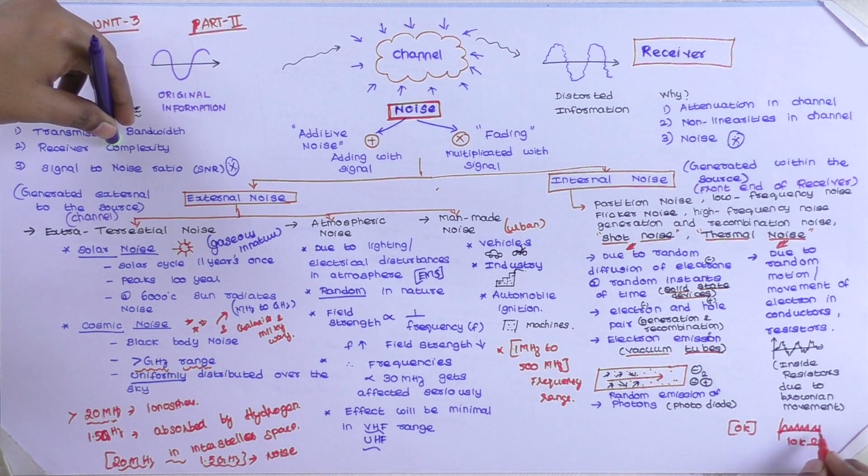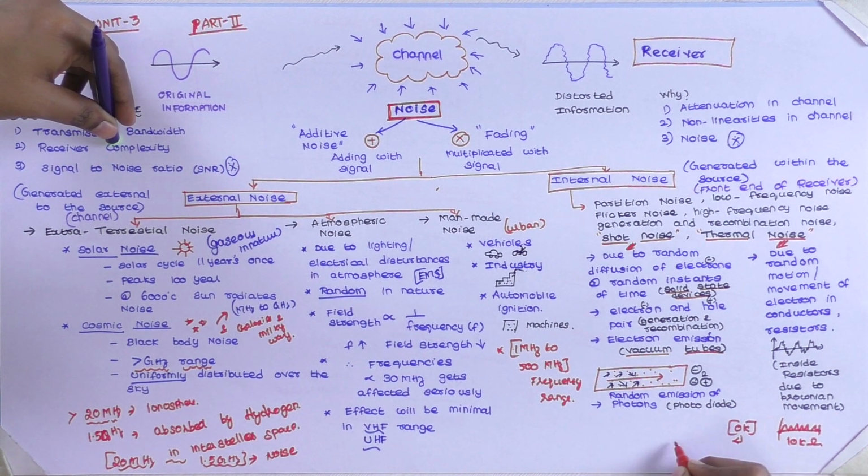So the random behavior of the free electrons inside this resistor will cause a random current flow in the conductor. The random current flow in this conductor will create random voltage fluctuation. So this random voltage fluctuation will become noise.